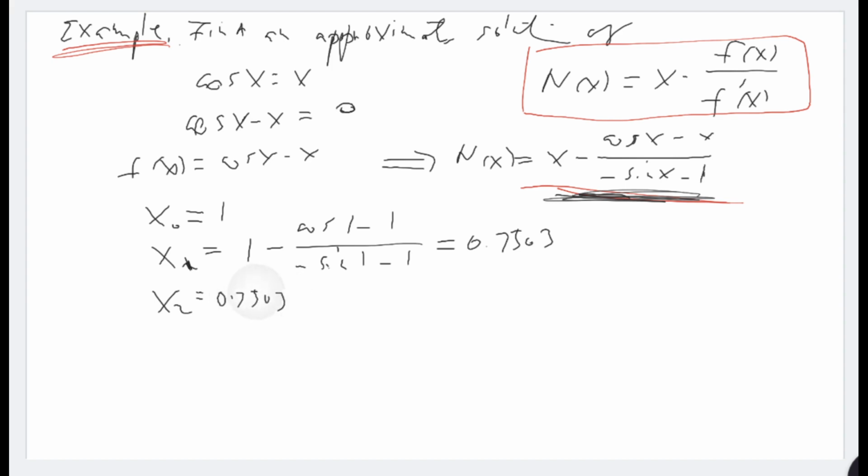It'll be 0.7503 for x minus cosine 0.7503 minus 0.7503, over negative sine 0.7503 minus 1. It's hard to write with the stylus.